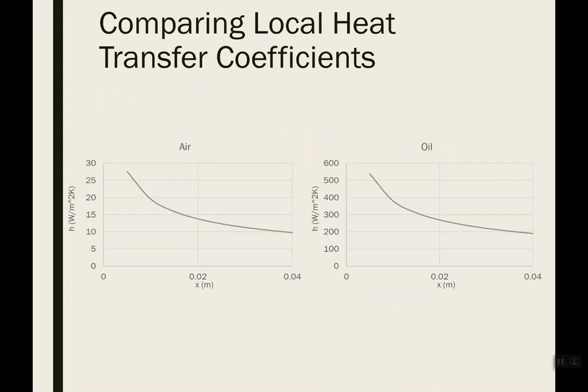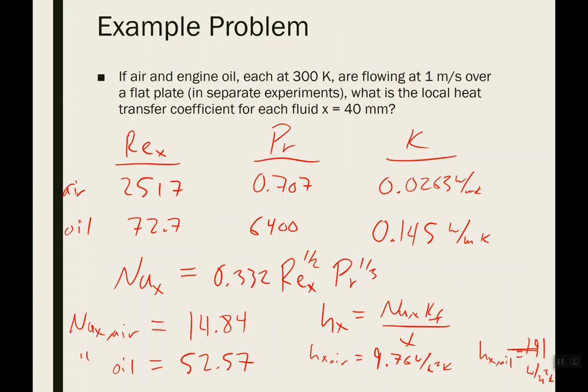Even in that example, if we go through the actual correlation, we looked at the flow conditions and found the appropriate Nusselt number correlation. So that's right here. This is the correlation we would use for an isothermal plate with laminar flow, and this one is local specifically. So this is going to give us Nusselt number as a function of x.